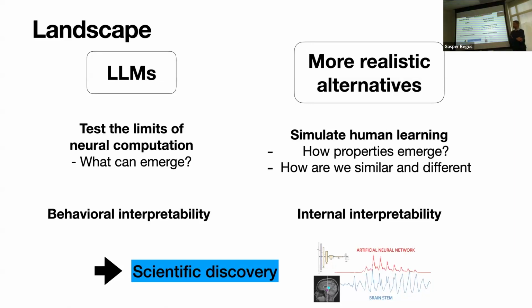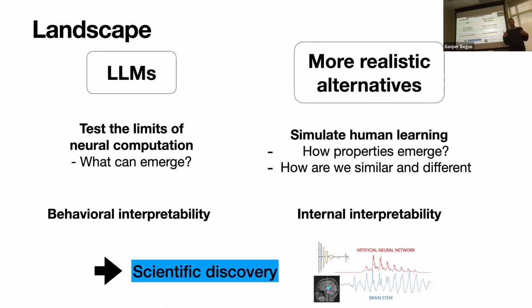Okay, so what's roughly the current landscape in AI in language? We have LLMs like GPT-4 or Llama 3 and so on, and they're hugely impressive, but they're not really realistic. It's not how humans learn.